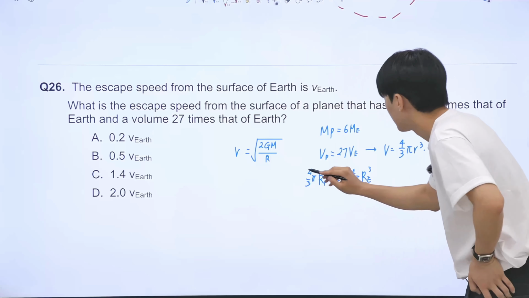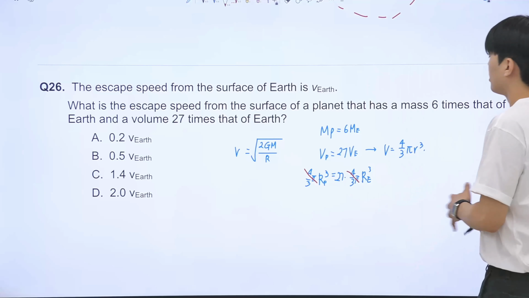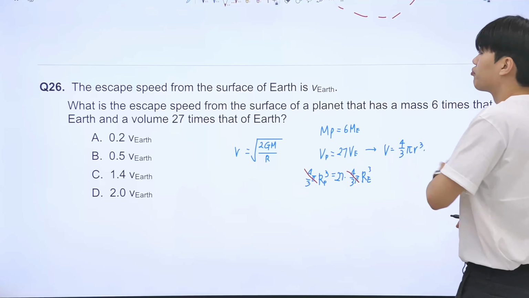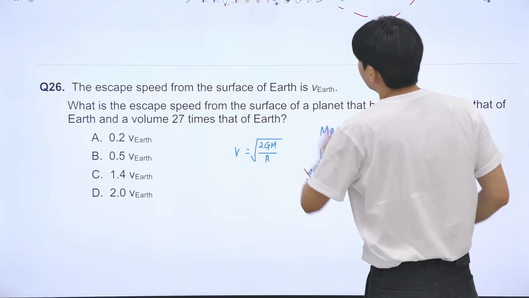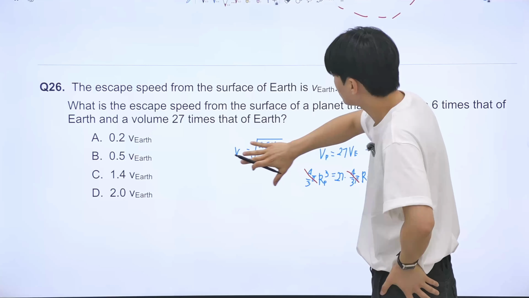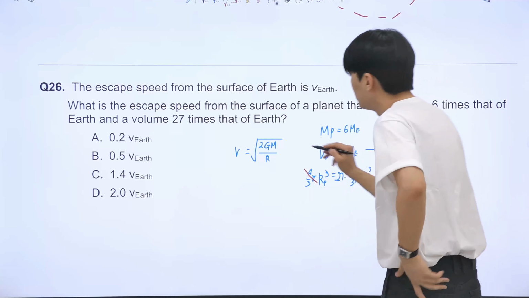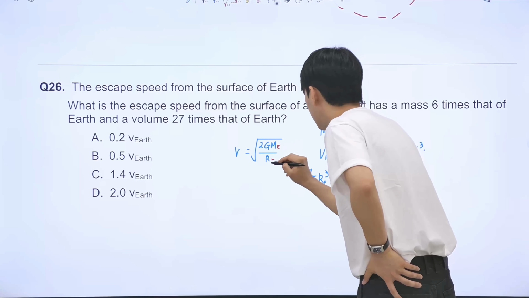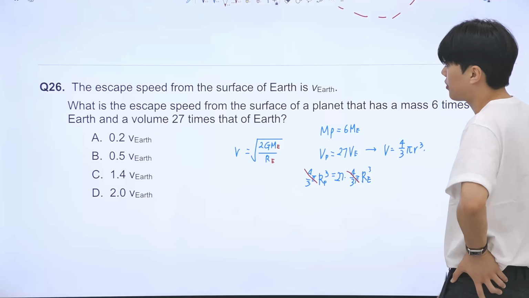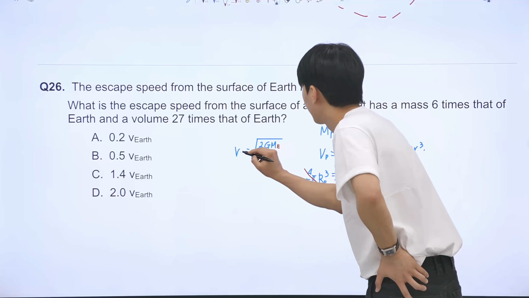Then these two cancel out, so we don't have to care about them. Let's put it into the formula, and assume that v is just about the Earth. So I put in the mass of the Earth and the radius of the Earth. That's the v of the Earth.